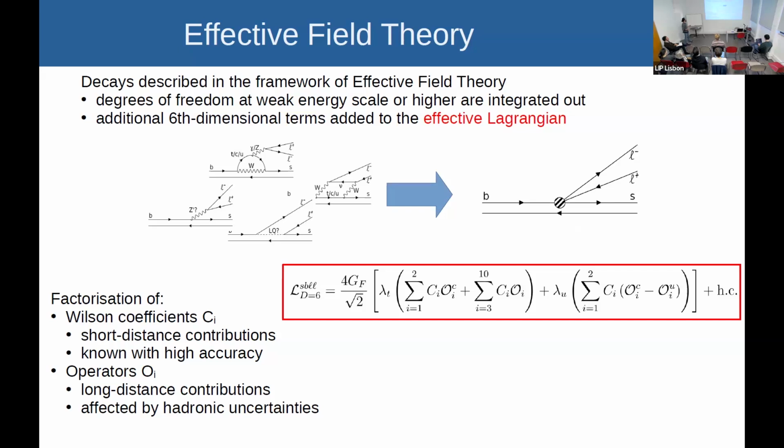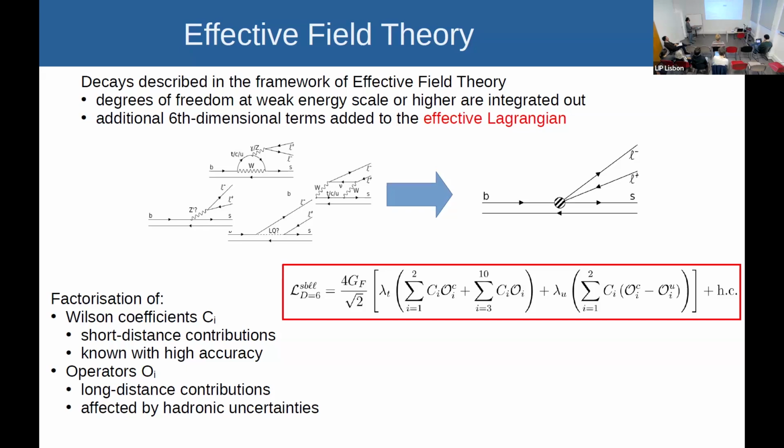So basically, we allow additional terms in the Lagrangian up to the 6-dimensional terms, and basically everything that is at a much higher mass scale than the B-hadron masses, we can compact in a single point interaction. So all these kinds of decays that can involve standard model particles or new physics particles can be described by a single interaction point.